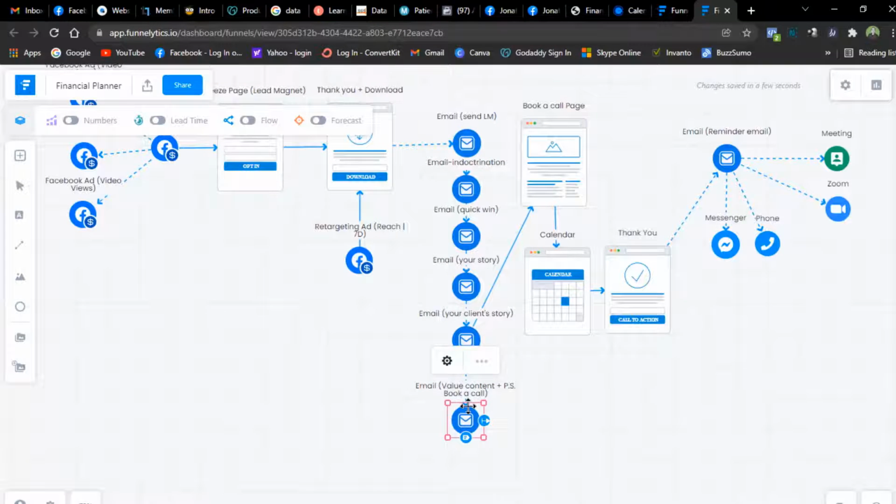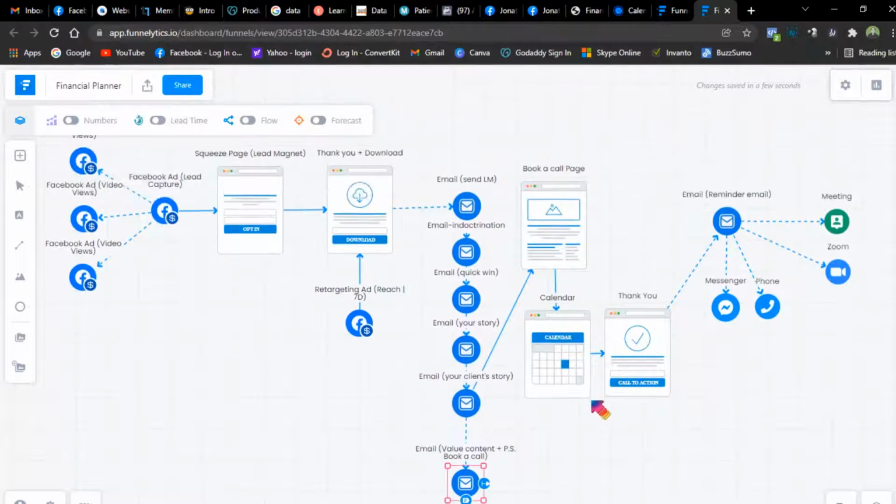Email. So once they finish this short email flow, you can go to your daily broadcast emails. Just send them valuable content, and you can subtly put a PS at the bottom which says, hey, book a call with me if you want benefit plus benefit plus benefit, something like that.